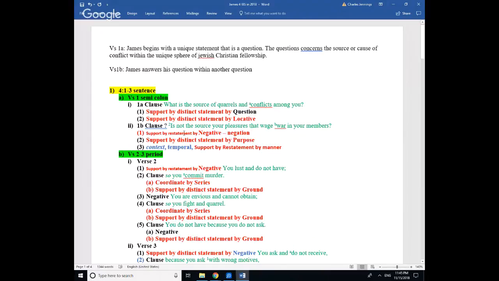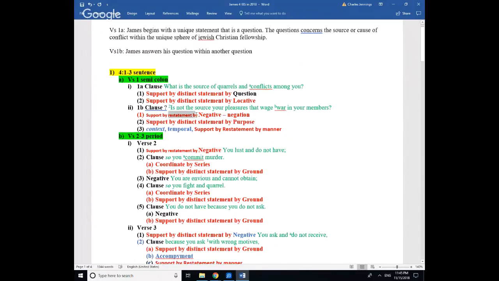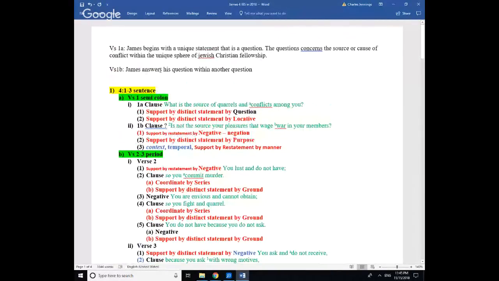All right. So now look at the difference. This one says restatement. All right. So we can bring that in. James answers his question within another question.